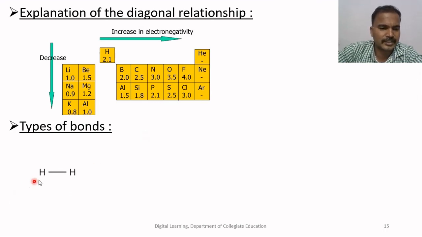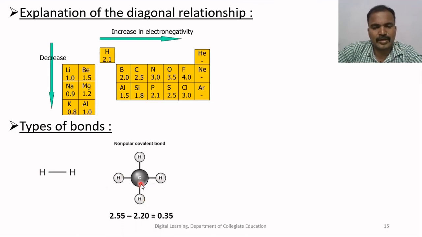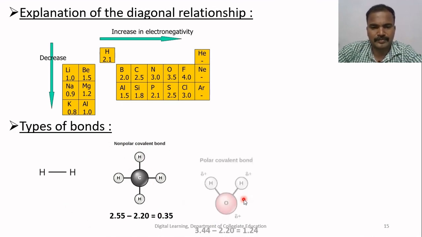So let me consider this. A bond is formed between two hydrogens, so the electronegativity difference is 0. Or you can consider a bond formed between carbon and hydrogen. The electronegativities of carbon and hydrogen are comparable, hence the difference in electronegativity values is very small. Hence these types of bonds are called non-polar covalent bonds.